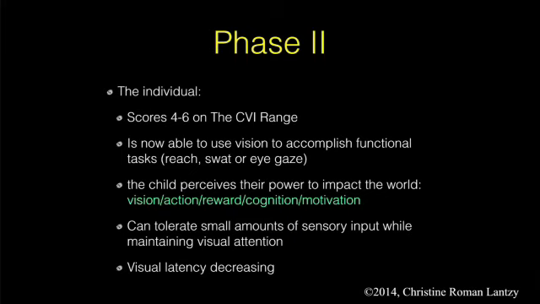They are now actually able to pair it with reward. Vision can help lead to action, can lead to reward. The child sees they hit that bell and made it ring, which then feeds cognition, the understanding that they made this thing occur, and then motivation to continue to reach out, to look, to act, and to be rewarded.